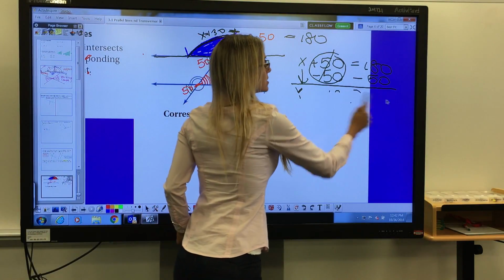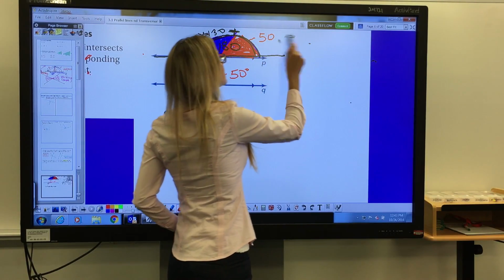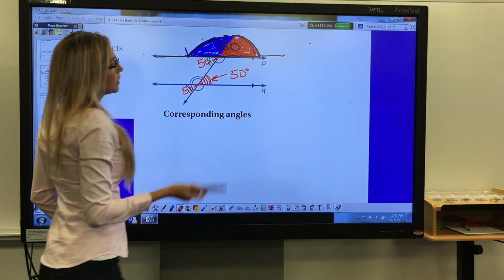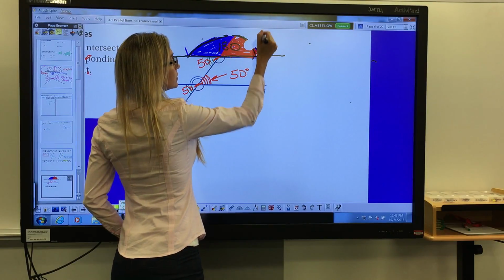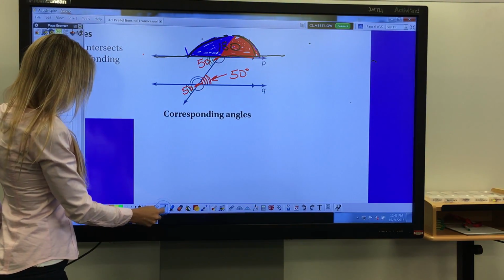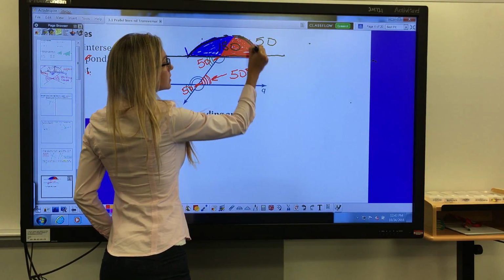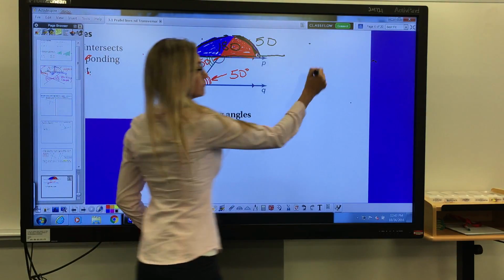I have noticed that some of my students have a hard time seeing this, so let's look at it another way. Imagine that you have a pocket, and you know that that is 50 degrees. So imagine this is the 50, right? We've talked about this set. So imagine that this was the pocket in your pants.